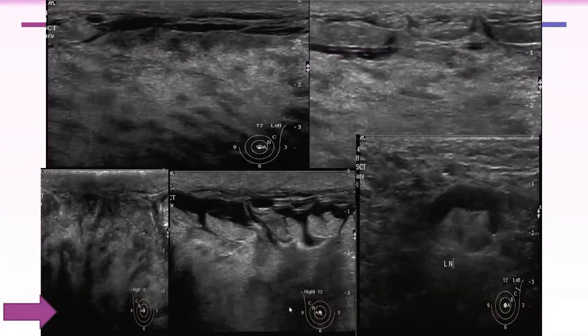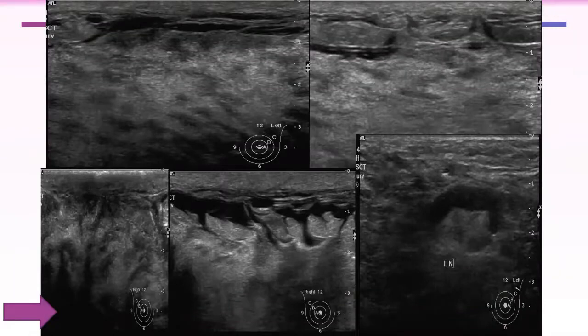This is the edema, and there are areas, here and here and here, of indistinct hypoechogenicity. And this is the axillary lymph node, which showed asymmetrical cortical thickening.